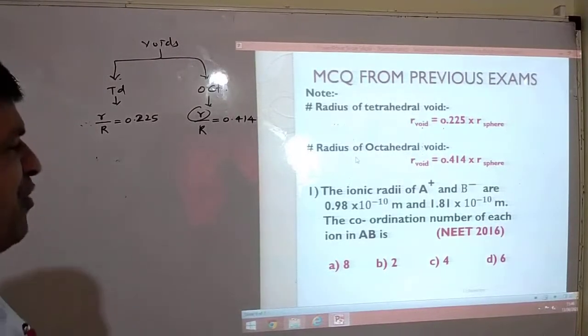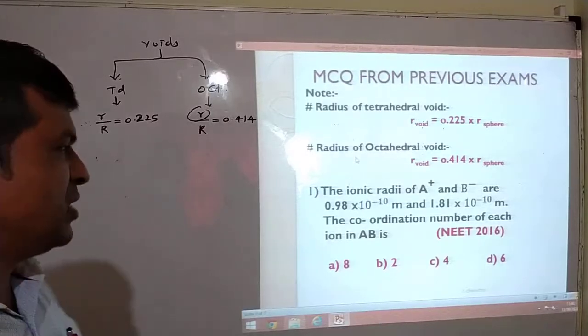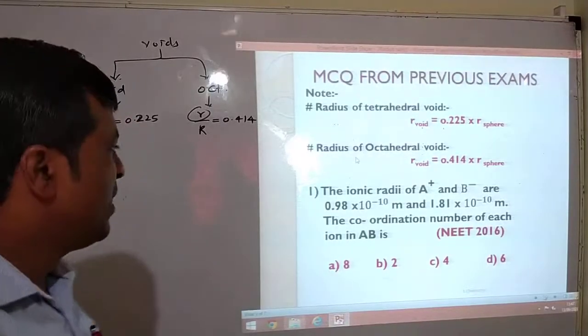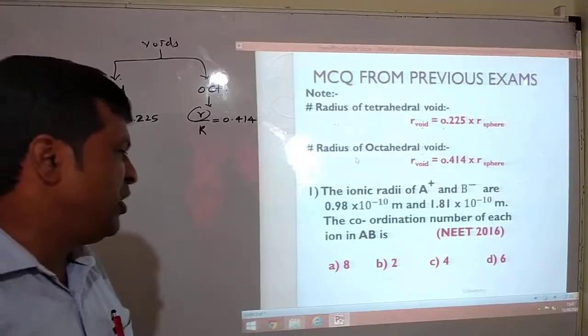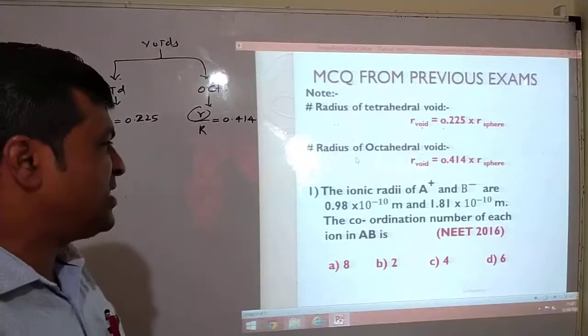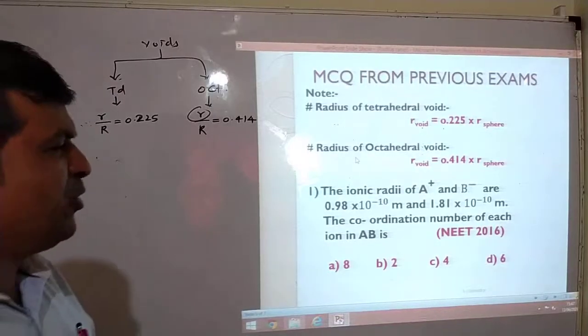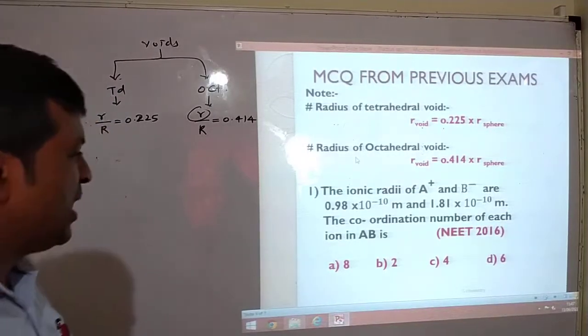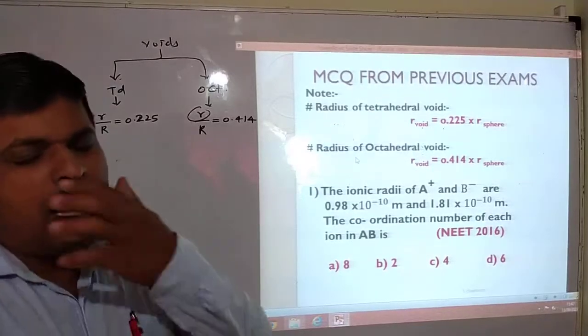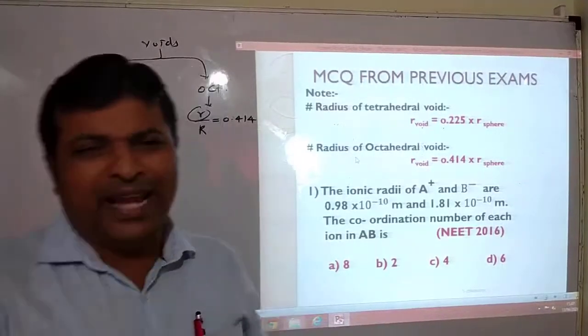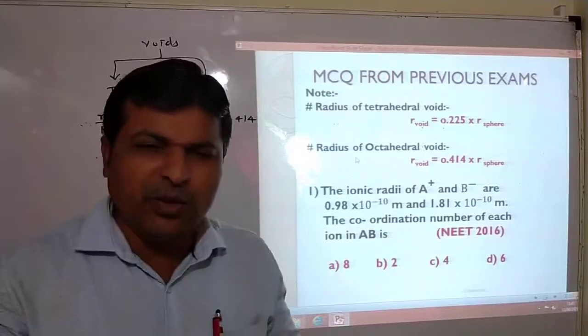Now MCQ number one, which was asked in NEET 2016. The ionic radii of A plus and B minus are respectively 0.98 into 10 raised to minus 10 meter and 1.81 into 10 raised to minus 10 meter. The coordination number of each ion in AB is? Now the radius of the cation is given and the radius of the anion is given.